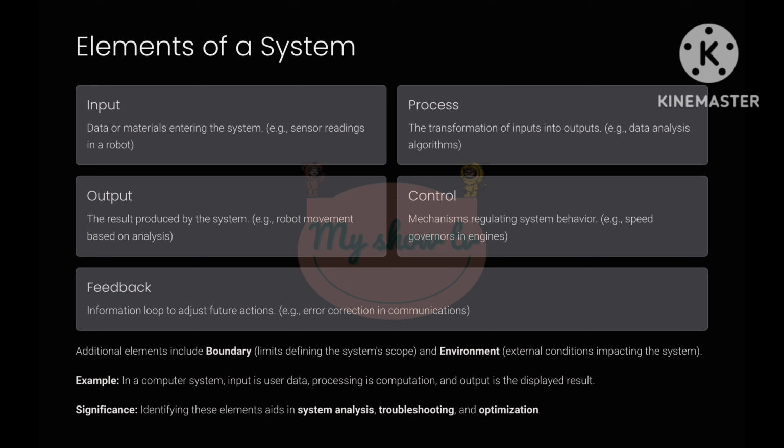Defines the limits of the system and separates it from the surrounding environment. Example: in an ATM, input is the user's request, the process is transaction verification, and the output is cash or a receipt. Significance. Identifying system elements is crucial for analyzing, designing, and maintaining efficient systems across various engineering fields.